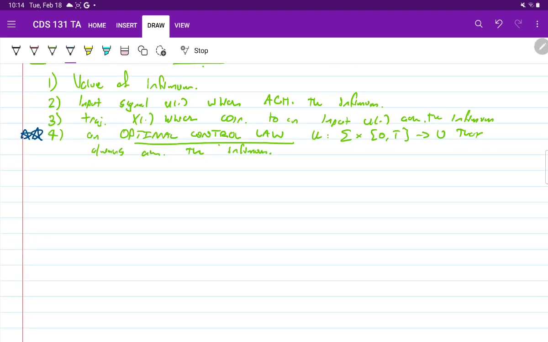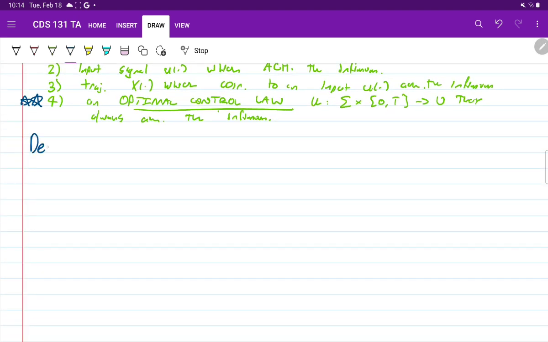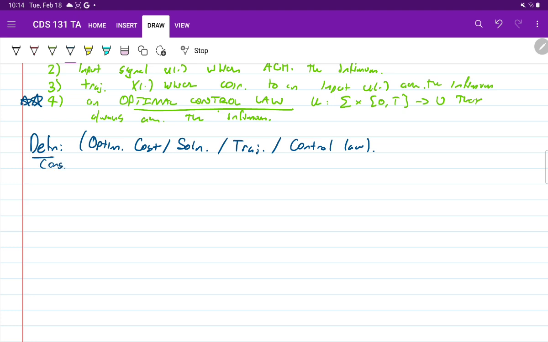Okay, so let's set out a definition: optimal cost / solution / trajectory / control law. What we'll say is, consider a finite horizon optimal control problem on an interval [t0, t1].